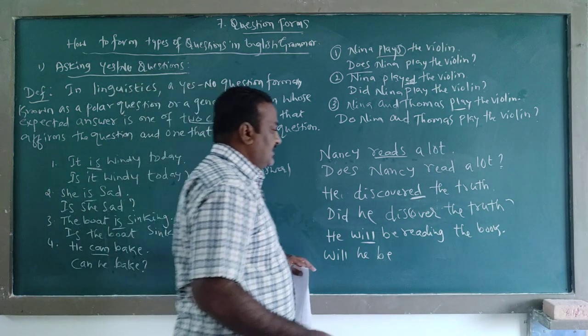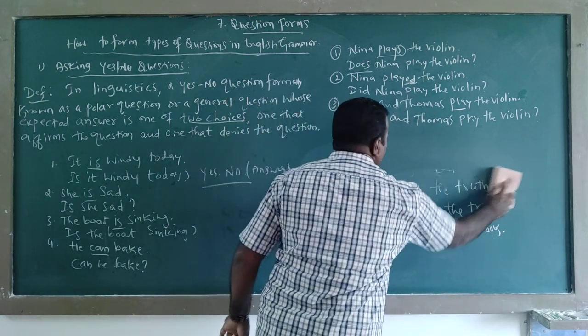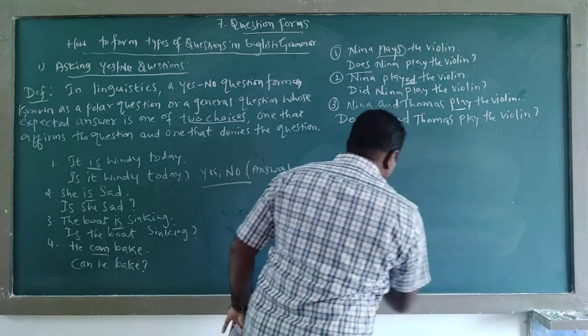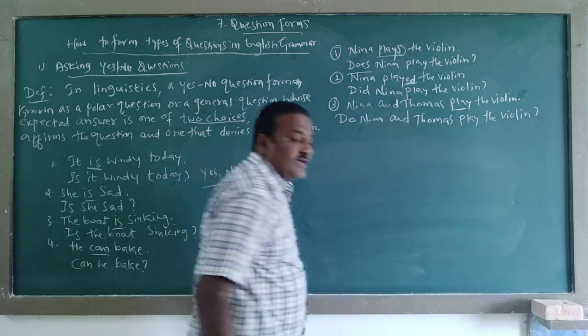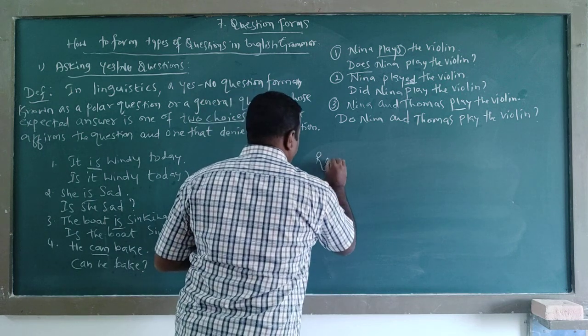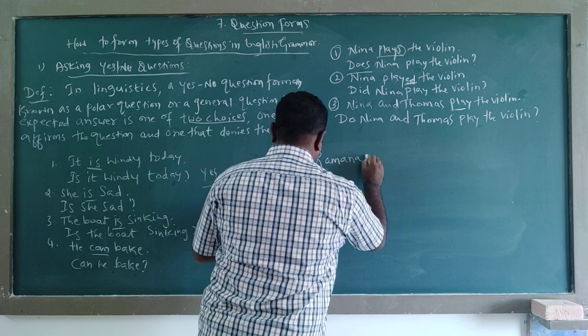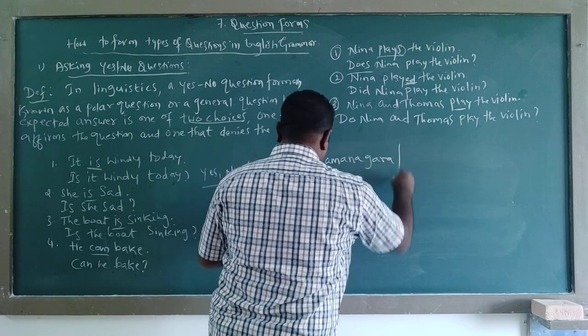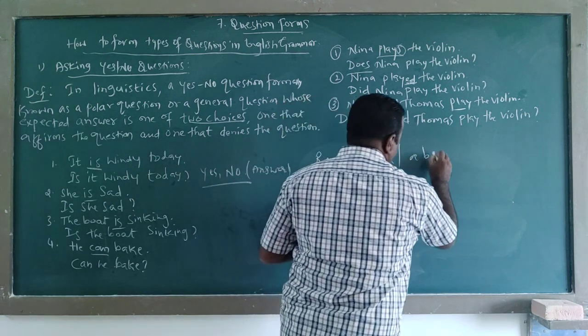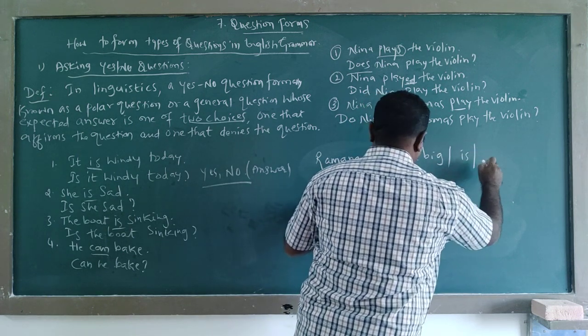In this way, you have to do it in your workbook. Another type you can see in your workbook; I will just show it here. Ramanagara, a big, is city.